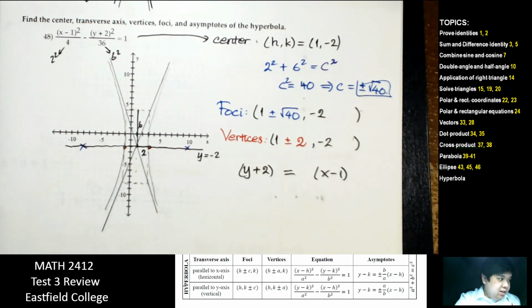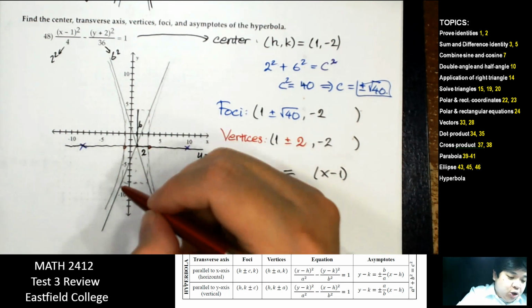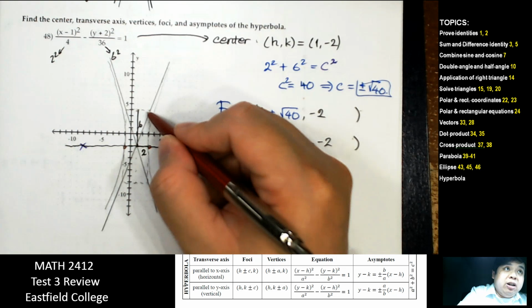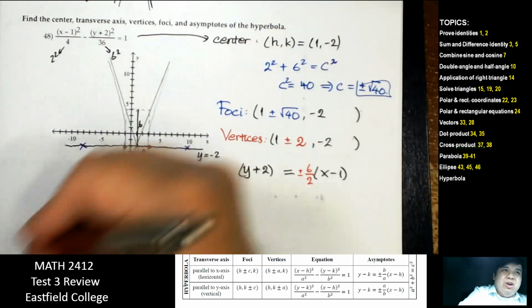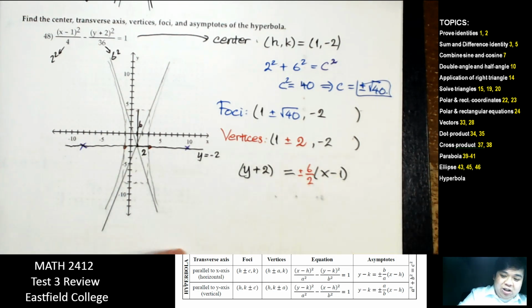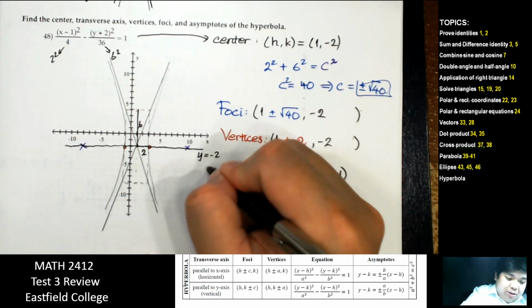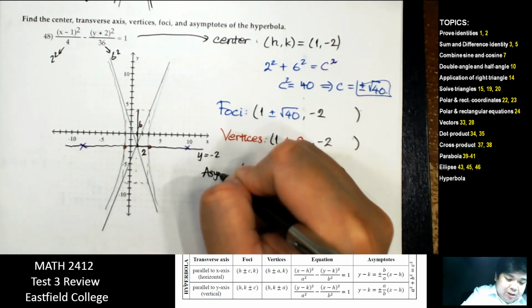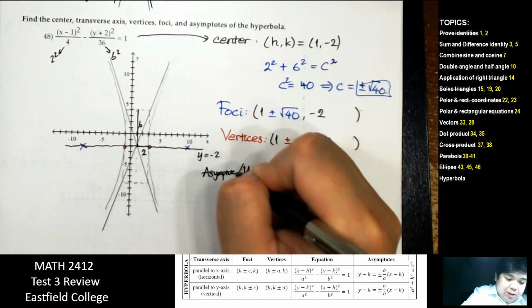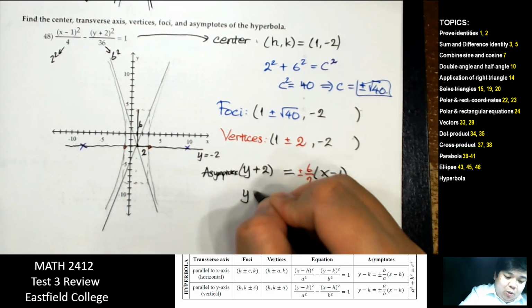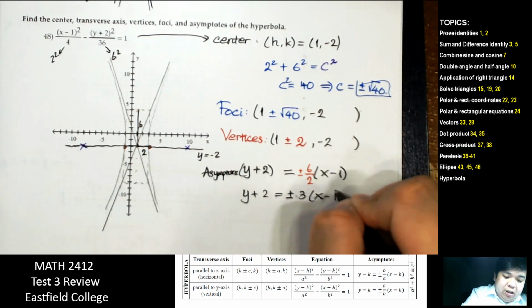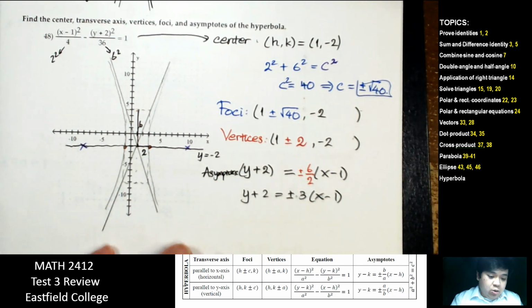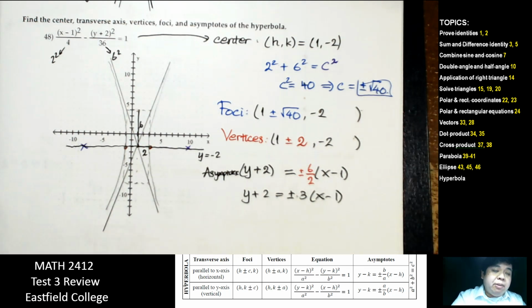And then the slope rise over run, positive or negative, so pretty much that equation. So the asymptotes are this: y plus 2 equal to plus or minus 3 x minus 1. So the center is very important. As you see, the center appears in all of this.